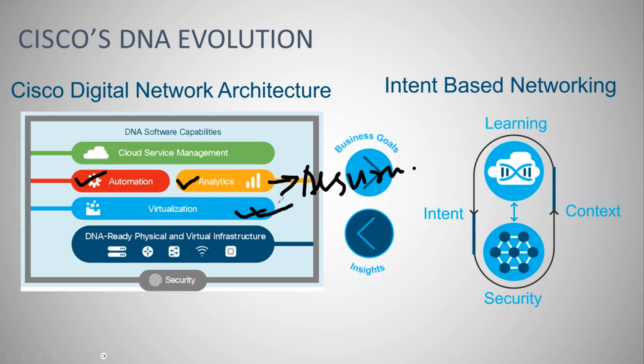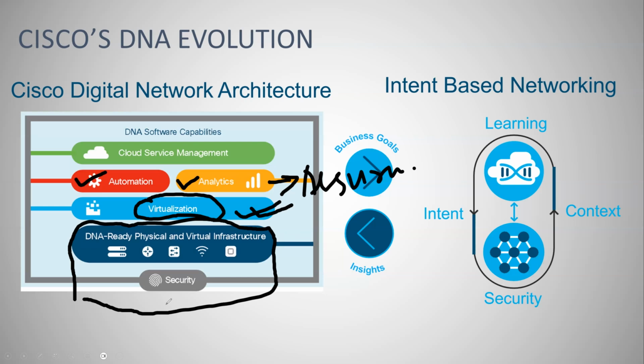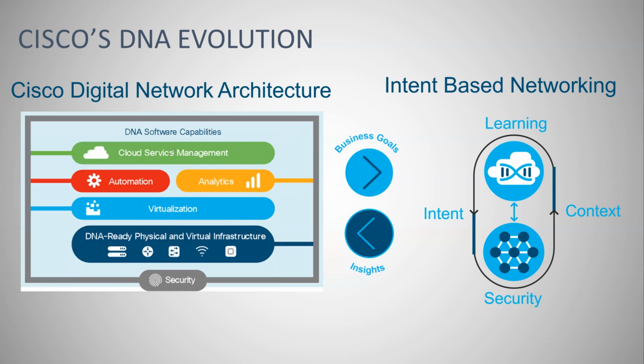Is it possible to do virtualization? It's not like VMware-type virtualization, right? We'll see how DNA can do virtualization. And then you have devices which are DNA ready. What does it mean that devices are DNA ready? And then DNA can have some integration with the cloud to upgrade the DNA images. The thing here you can see is that this is the DNA box itself.